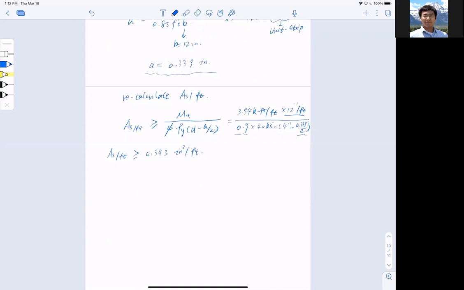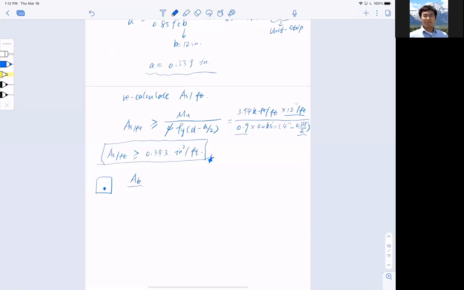Okay, so this, ladies and gentlemen, is my final number for the area of reinforcement selected for the slab. But let me say something here. As per foot here is the converted reinforcement. So I need to find a bar where Ab is the area of the single bar.